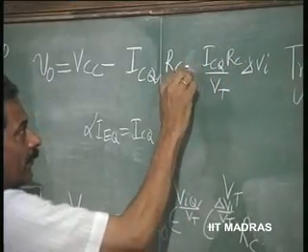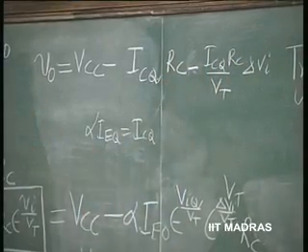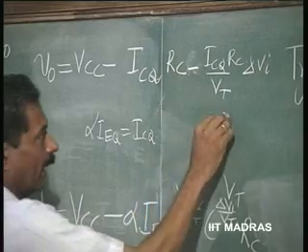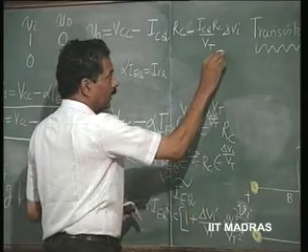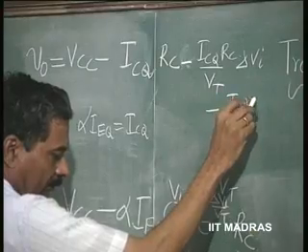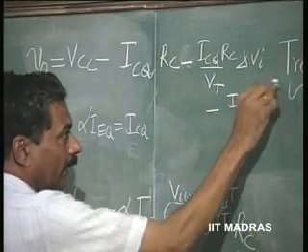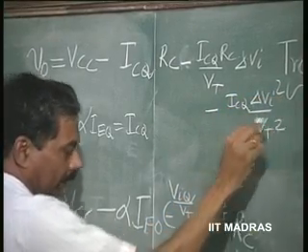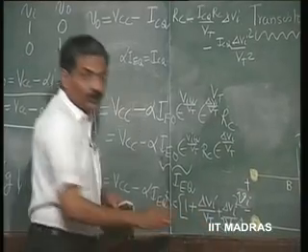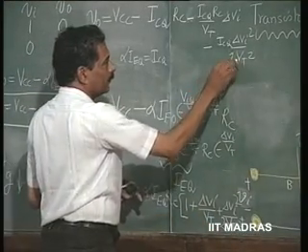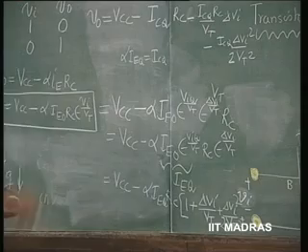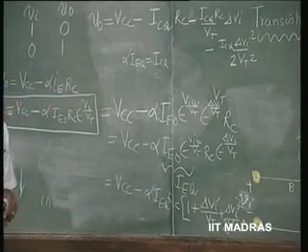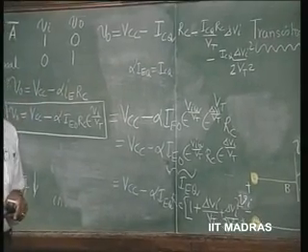This is minus, now I am taking everything inside the bracket, minus ICQ delta VI squared by VT squared by factorial 2. Then delta VI cubed by VT cubed by factorial 3, which is 6, and so on.